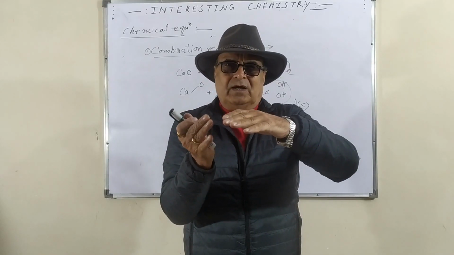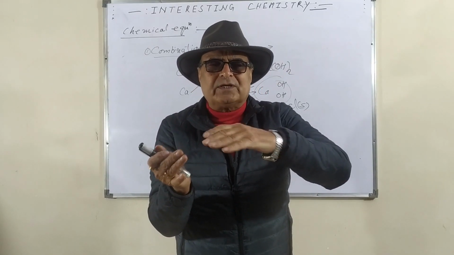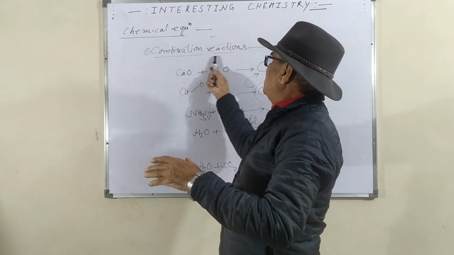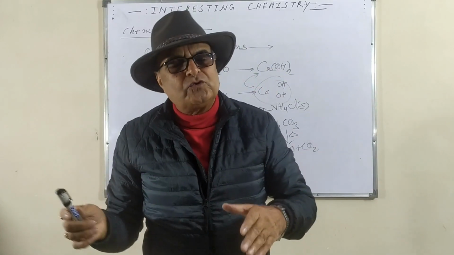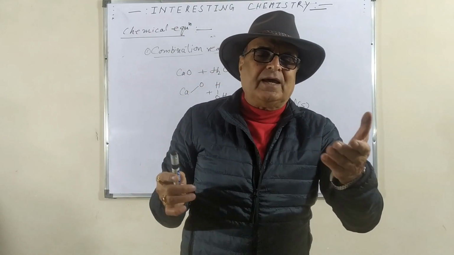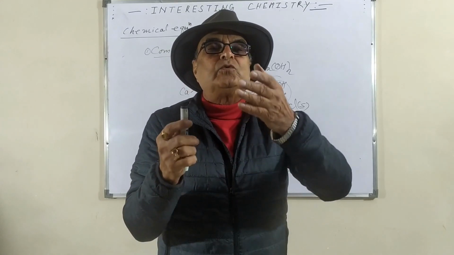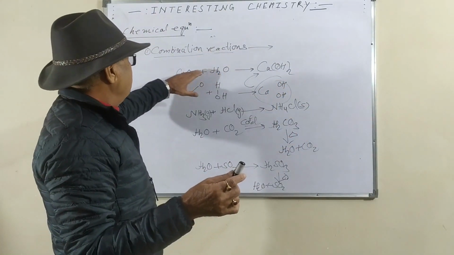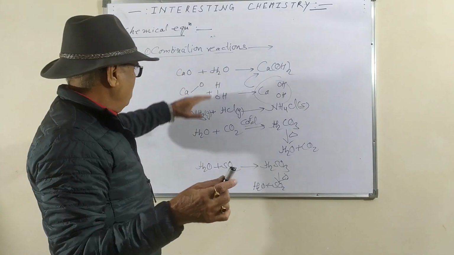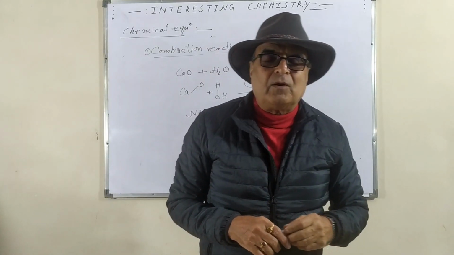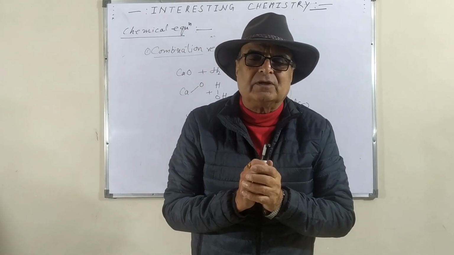Again, to make you understand, I took examples of the combination reaction. I have told you many examples of combination reactions that will help you learn about the equations of chemistry. I think you have understood the balancing of the equation.